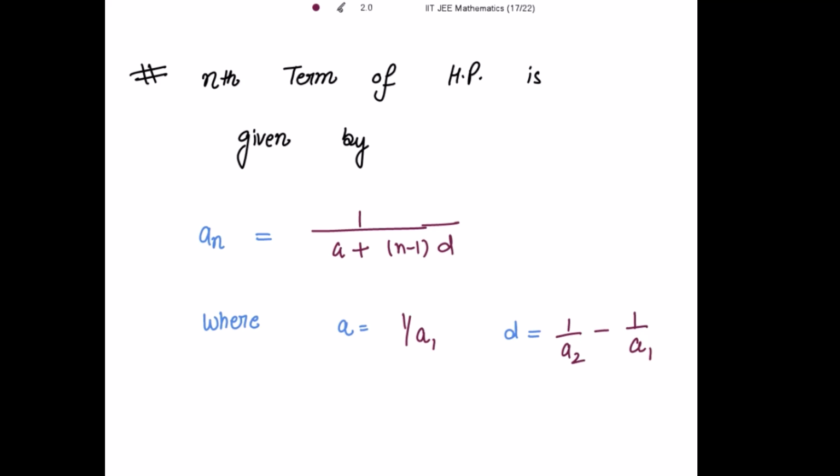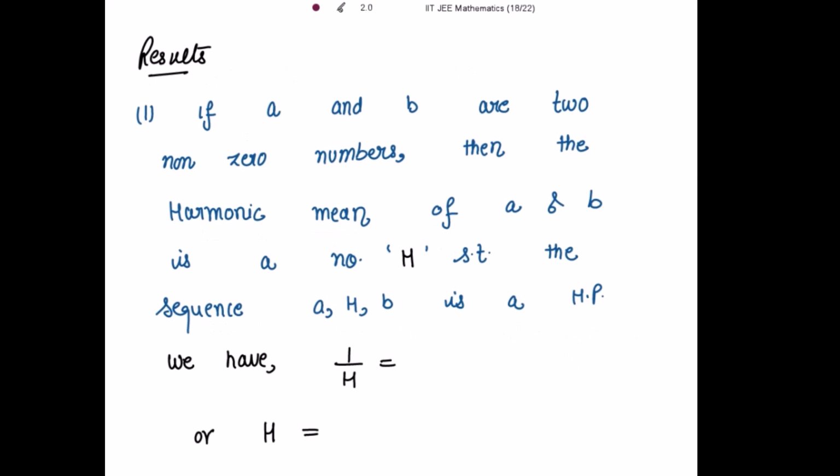For harmonic progression, then are the results. If a and b are two non-zero numbers, then the harmonic mean of a and b is a number h such that the sequence a, h, b is a harmonic progression, and we have 1 by h equal to 1 divided by 2 into the sum of the reciprocals of a and b, right?